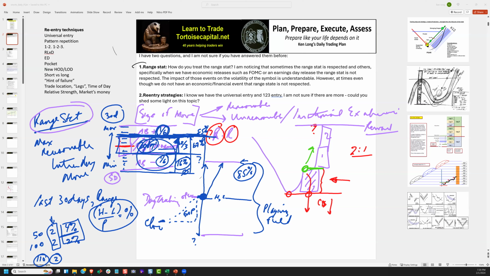So that puts an upper limit. And if that turned out to be the high of the day and it starts selling off, 85% of the time in the past, it didn't go farther than this. Those two limits now become the size of the playing field that I can establish right from the open.